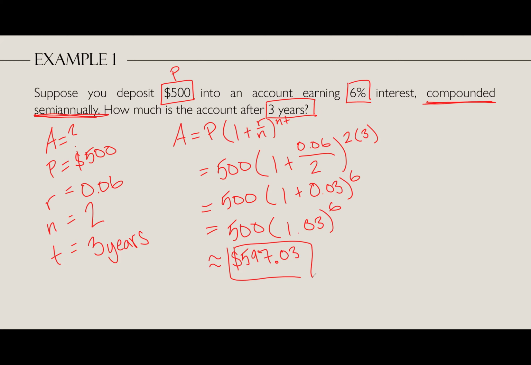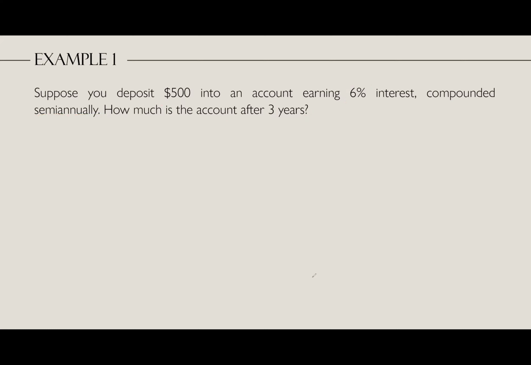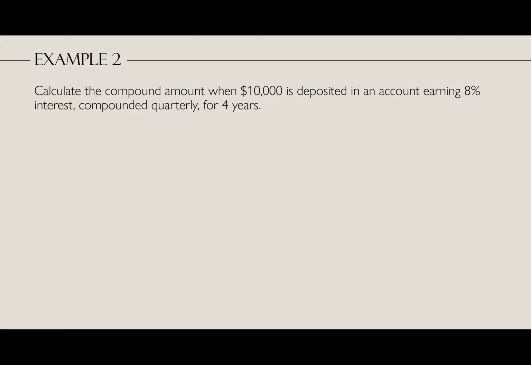Let's go ahead and move on to another one just for practice. If I look at my next example, again, let's calculate the compound amount. So I'm going to go ahead and write my formula. A is equal to P times 1 plus R over N to the NT power.